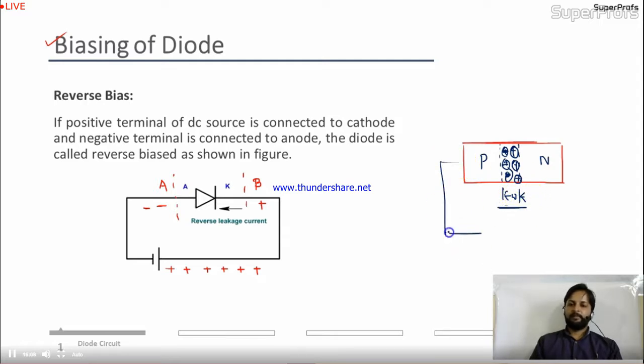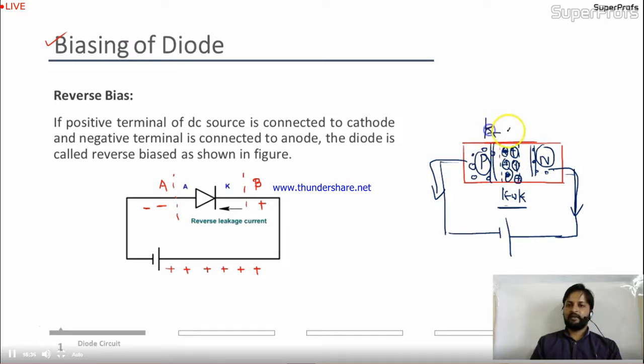When you apply the negative bias, or reverse bias, to this circuit, what will happen? In the N we have an excess of electrons, in the P we have an excess of holes, right? What they'll do: electrons will go to this side and the holes will go to this side. In this case, the depletion layer width will be increased, right?